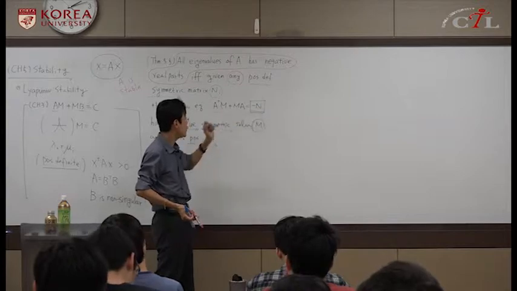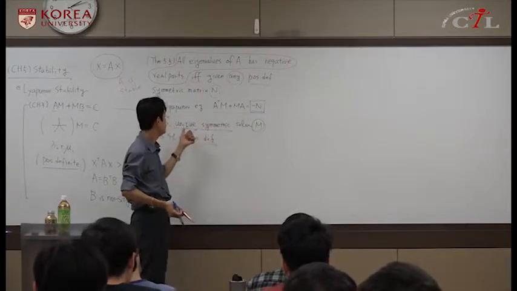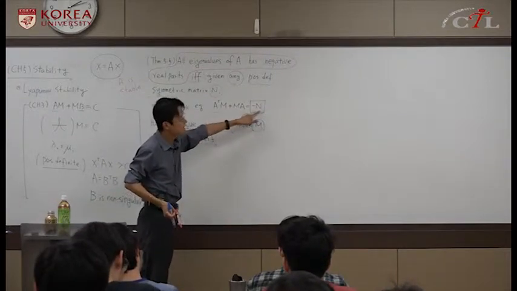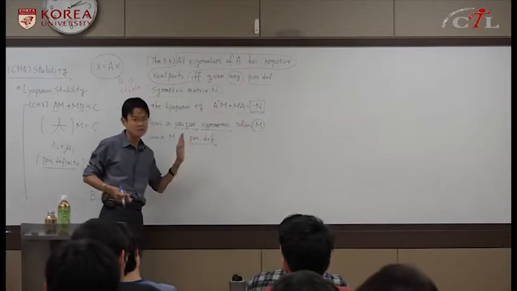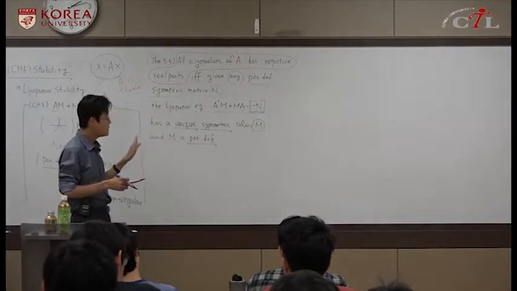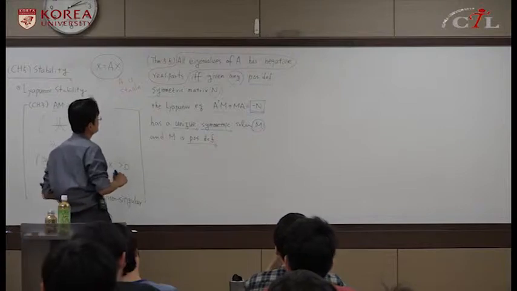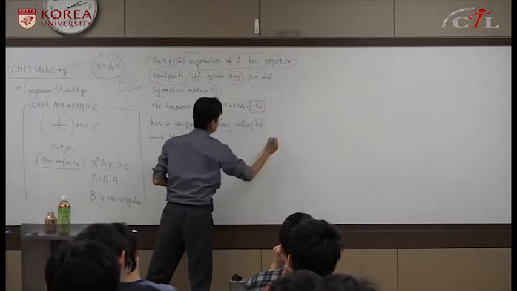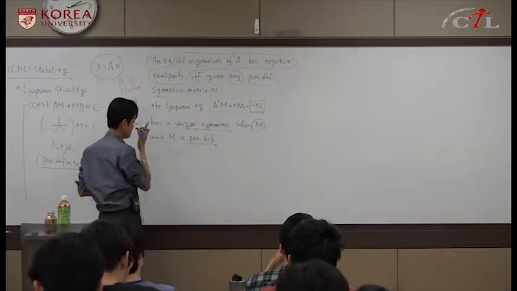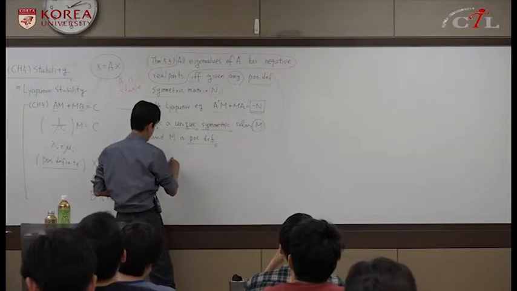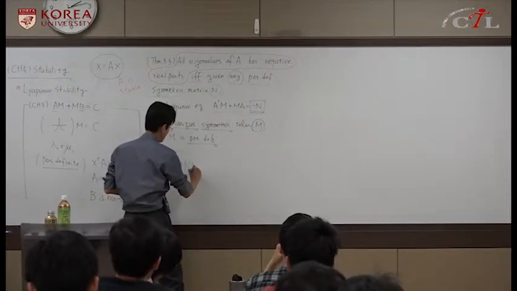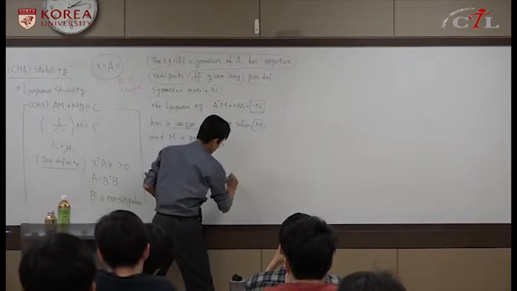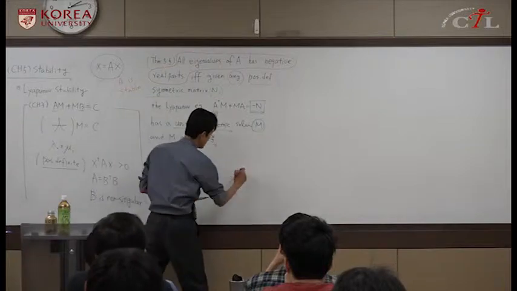Given that N, if we are able to find such an M, unique, symmetric, positive definite, for any N, then A is stable. That's what this theorem says. Let's say this blue part: if it is satisfied, then the red part, A is stable.